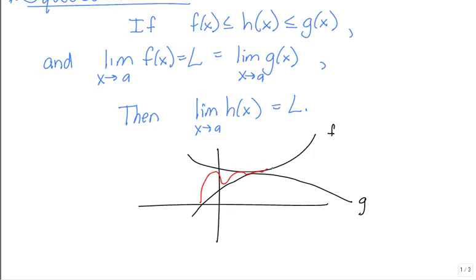And say h is in between the two of them. And this point in this case is a. So as x approaches a, then f is approaching this value, and so is g approaching that value. So h also has to approach this value, and that value is L on the y-axis.